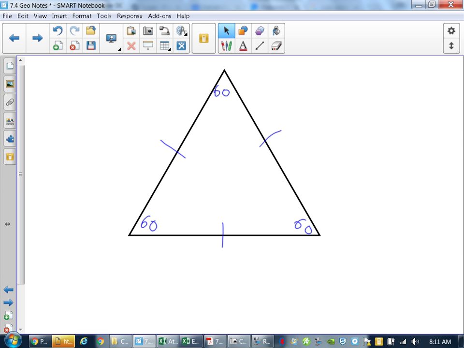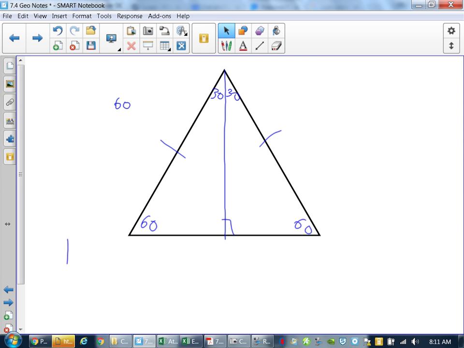Now, in order to create the 30-60-90 triangle, what we do is we draw the height to the side, which creates a right angle. When it creates the right angle, it bisects this angle up here, you get 30, 60, and a 90.